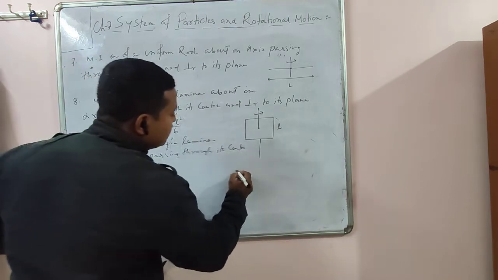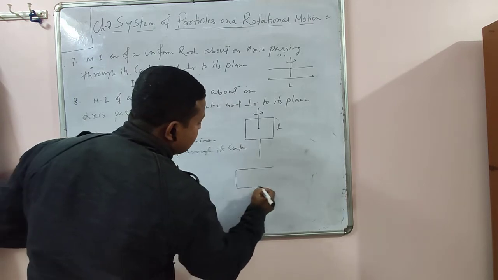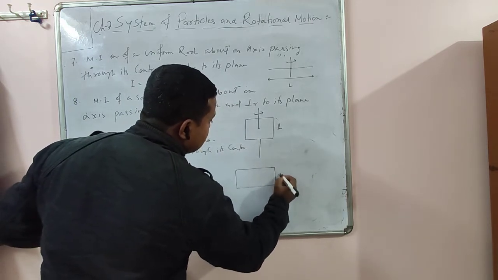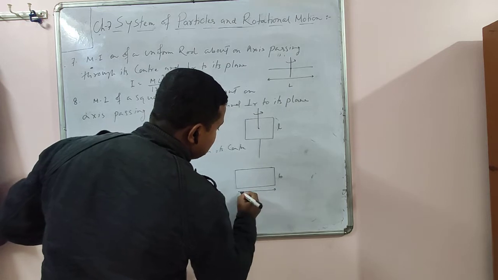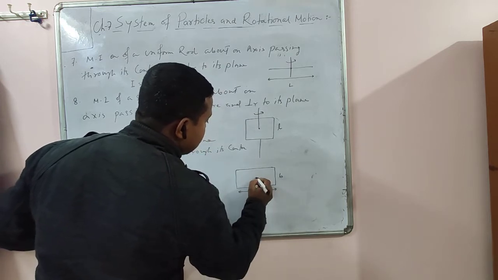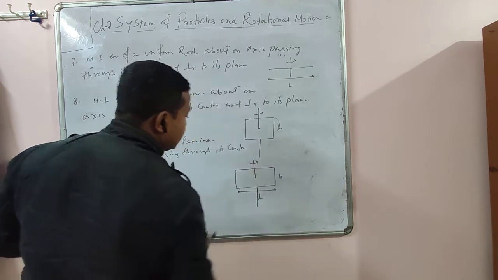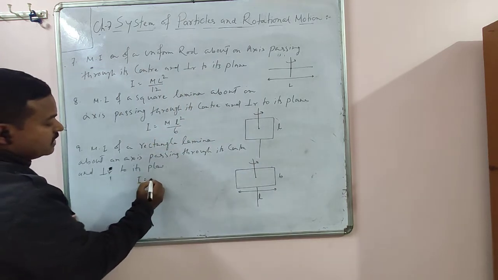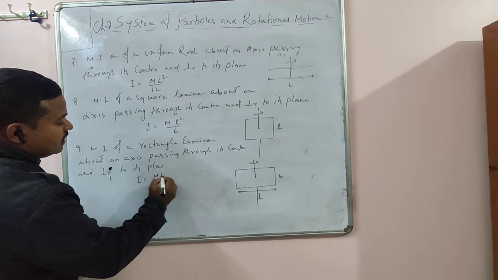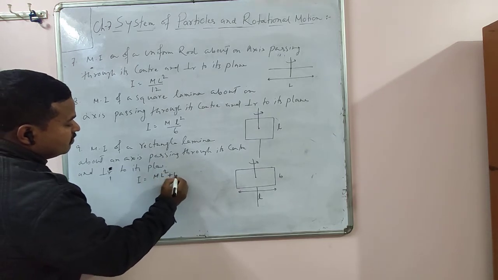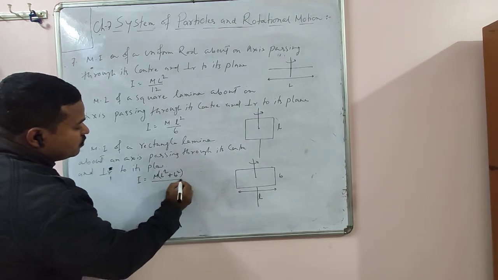So suppose this is a rectangular lamina. This is the breadth and this is the length. This is the axis passing through the center and perpendicular to its plane. About this axis, the moment of inertia is M times L square plus B square by 12.